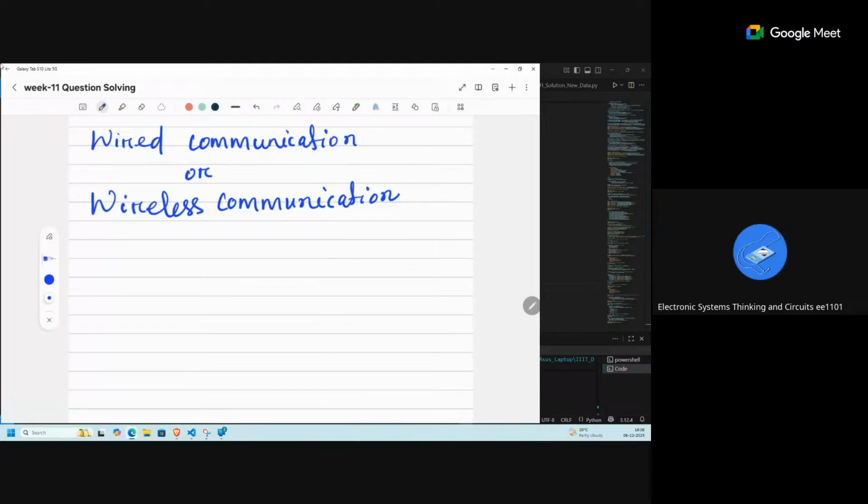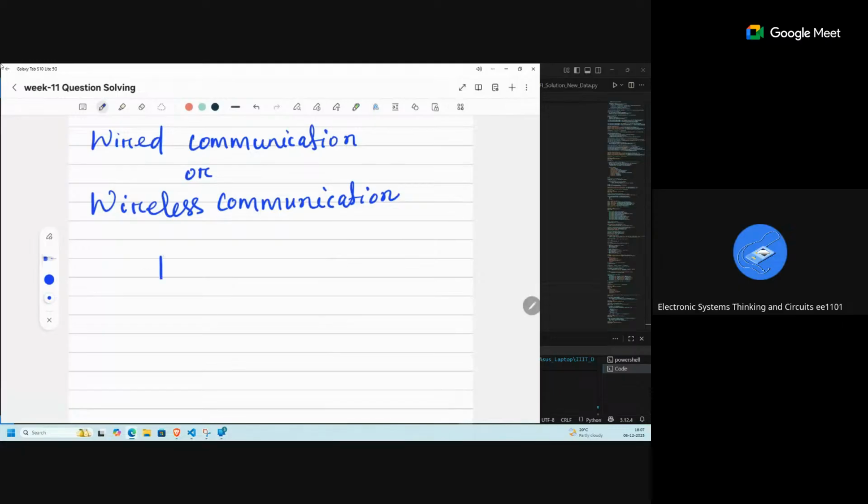Those devices are dependent on electric devices, and those devices deal with electric circuits, and those electric circuit analyses again are related to these ESTC codes. Is it clear? So let me give you some brief idea.